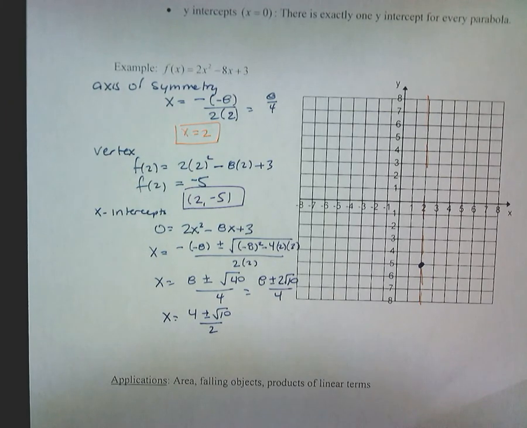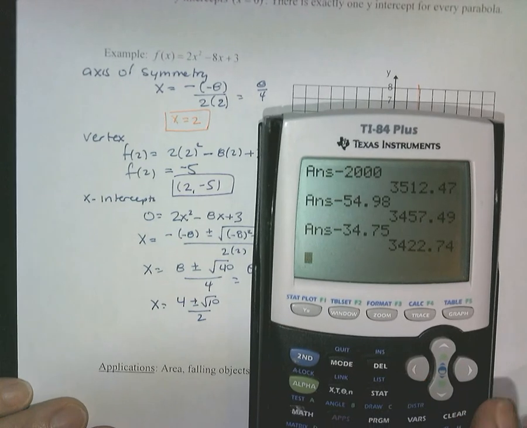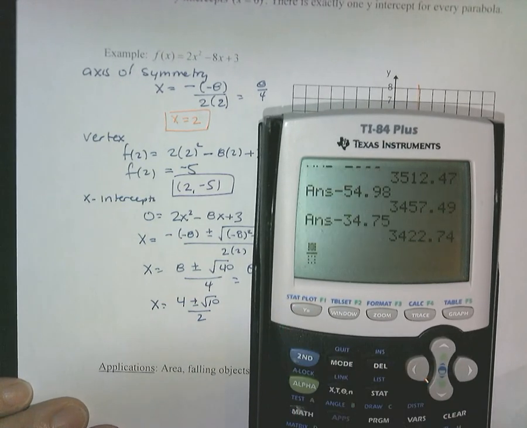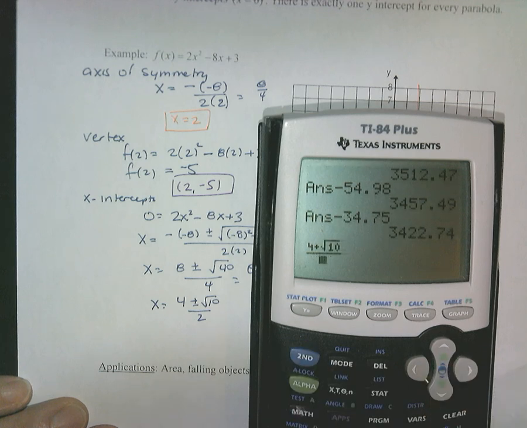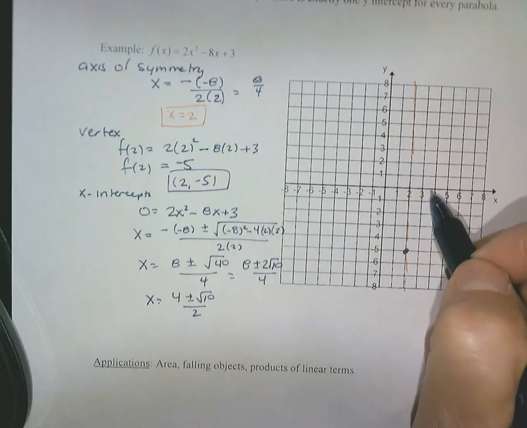in the unit when we did quadratics, but let's go ahead and find the decimal approximation because we want to plot these. So the first thing I'm going to do, 4 plus the square root of 10 divided by 2 gives me 3.58. So I know 3.58 is about right there.